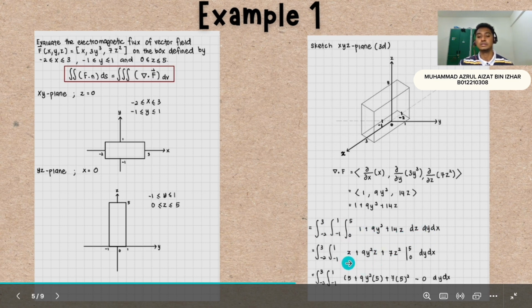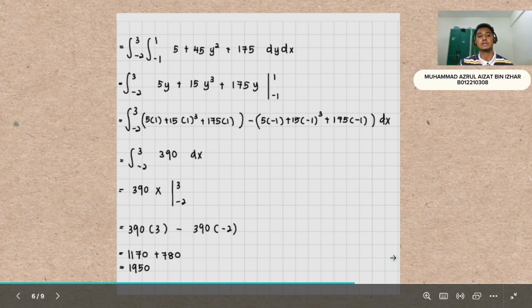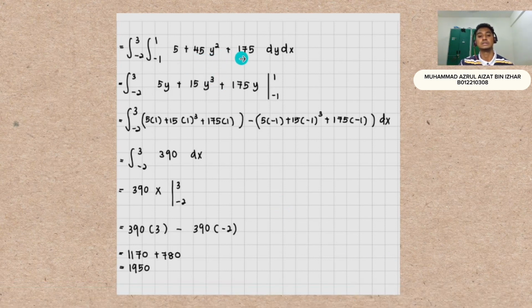We get z plus 9y squared z plus 7z squared, and we apply the limits z from 0 to 5. So we get 5 plus 45y squared plus 175, dy dx.